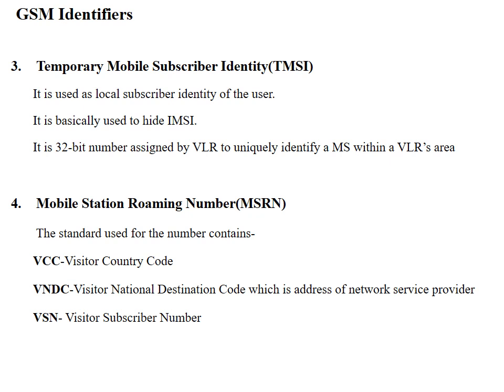It is a temporary number created at the time of roaming by the serving VLR in which the mobile is currently present. It is a 32-bit number assigned by the VLR to uniquely identify the mobile station within the VLR area. The TMSI can be changed by the VLR and is used for the user's security.